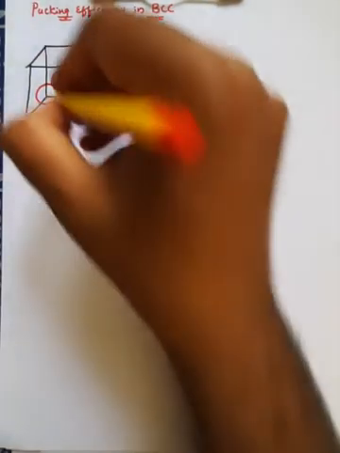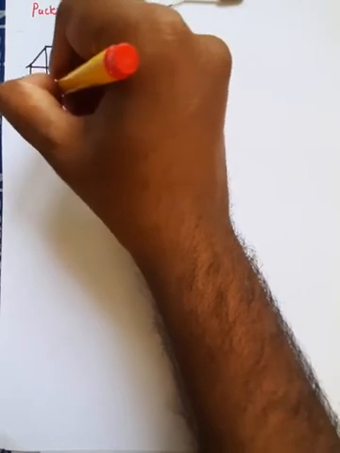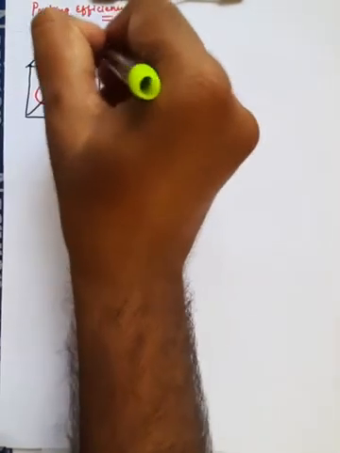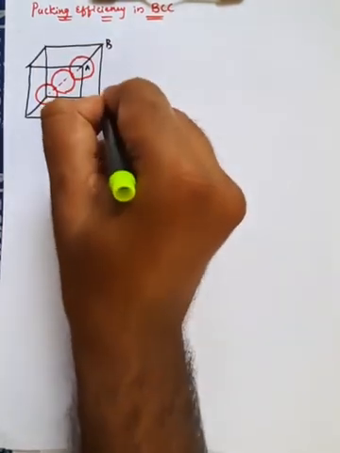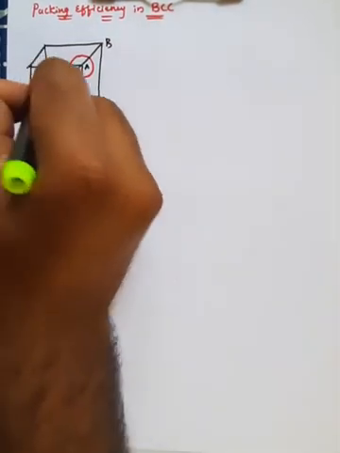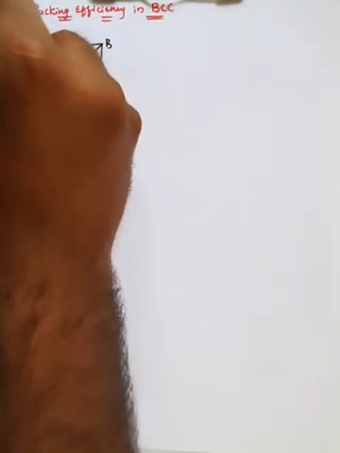So here I can draw the diagonal. This is the connection between these two, that is generally a diagonal. If I give the alphabetical order, this is A, this corner is B, this is C, this is D, this is E, F, G and H, right?